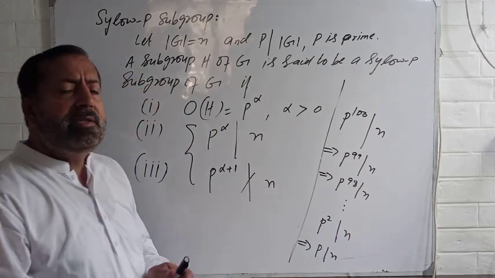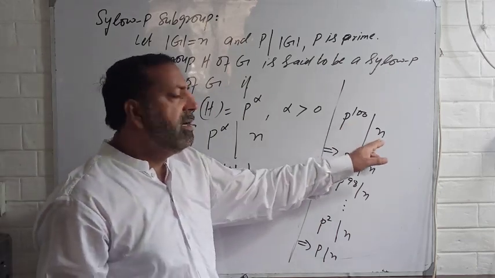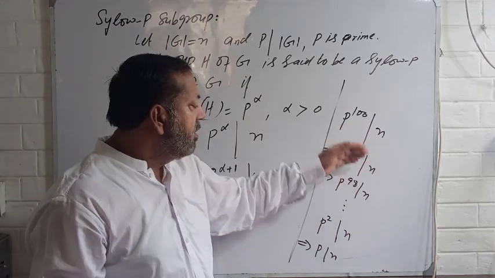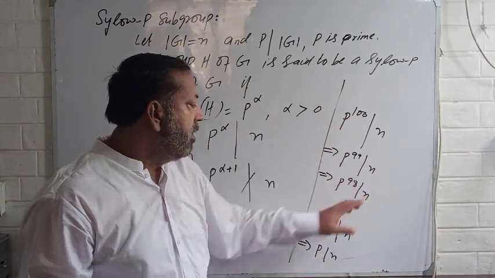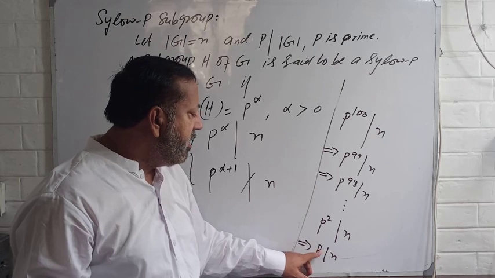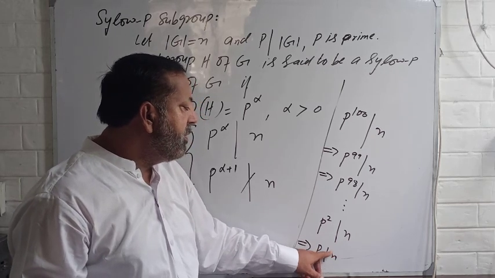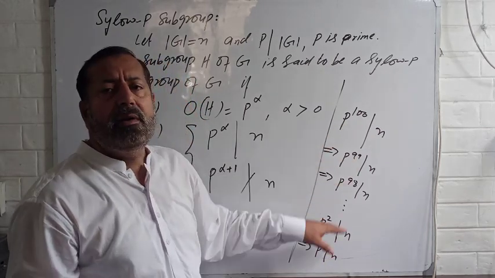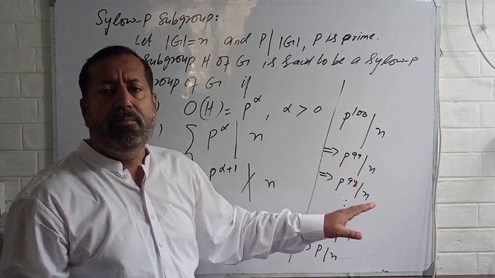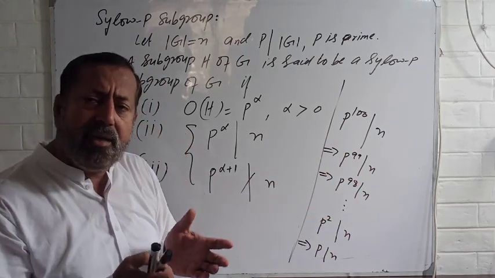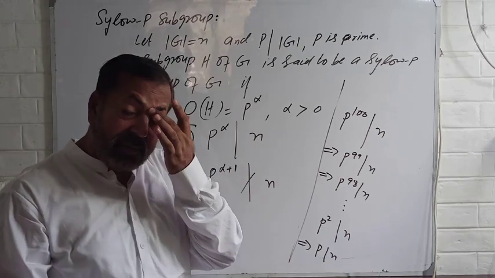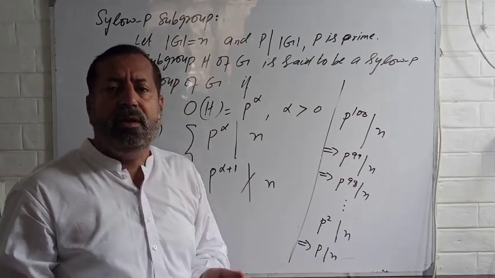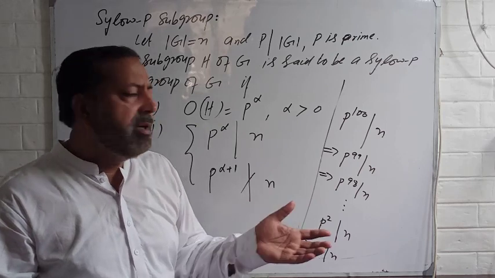Means if a higher power will divide a given integer n, then all its lower powers must also divide n. However, if P will not divide n, then P square and none of the higher powers will divide n. Because if any higher power is dividing n, then of course all the smaller powers are also dividing n. It's a little bit of number theory.